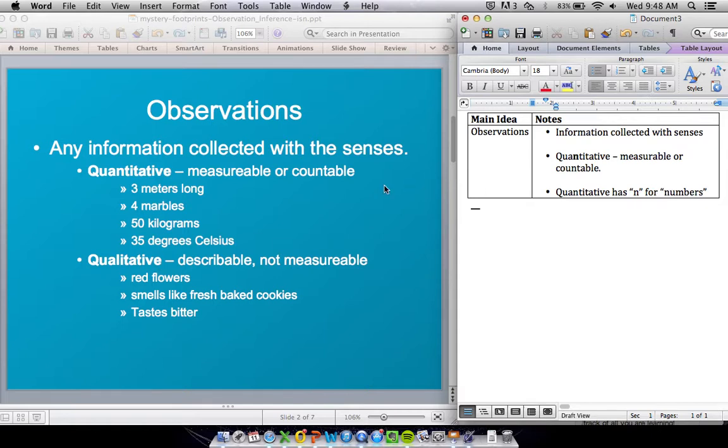It's a counting measurement, something like 3 meters long. The table is 3 meters long. He has 4 marbles. That object weighs 50 kilograms. The temperature is 35 degrees Celsius.